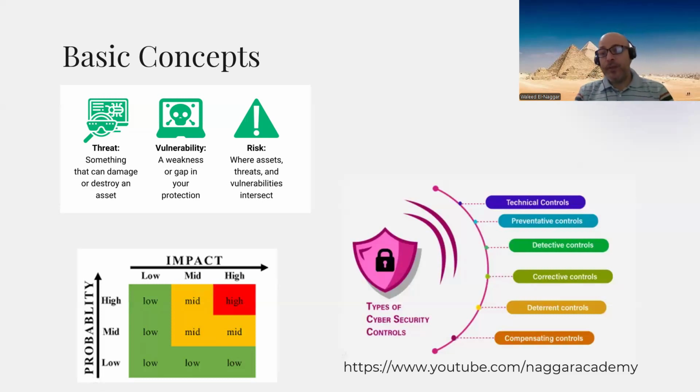Who said that once you put the preventive control, you are 100% sure that the risk will not happen? It could happen. So you have to put some detection, something to tell you that the risk has happened, an alarm. For example, in the example we talked about, the thief trying to rob your premises, you can put an alarm.